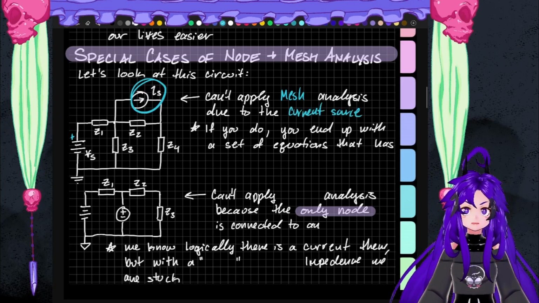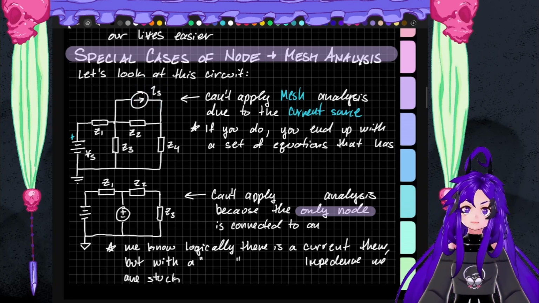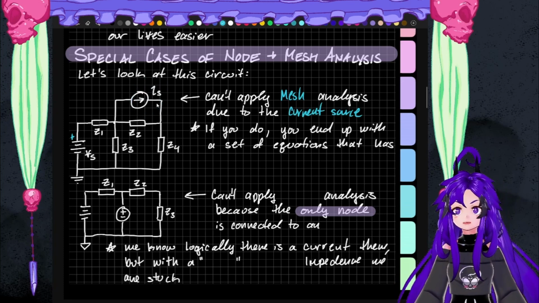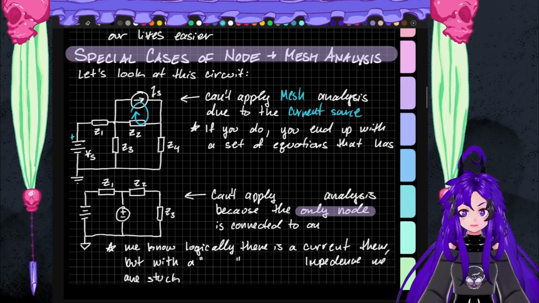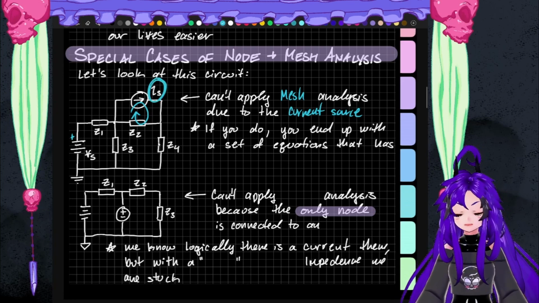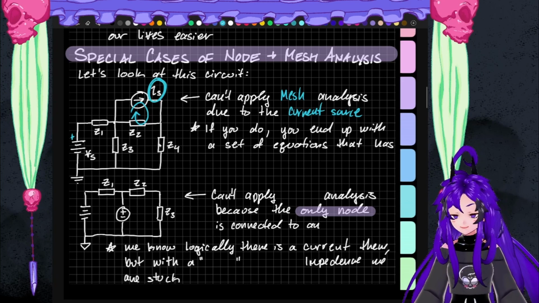Now, it's not because there's a current source in it at all. It's because that current source is on a branch all of its own. Basically, if you were to make a loop here, that loop current would have to be I_S, the source current. Except that the math won't come out that way.